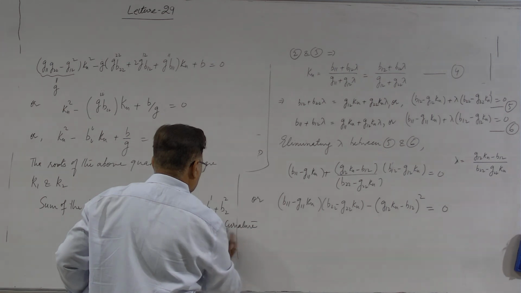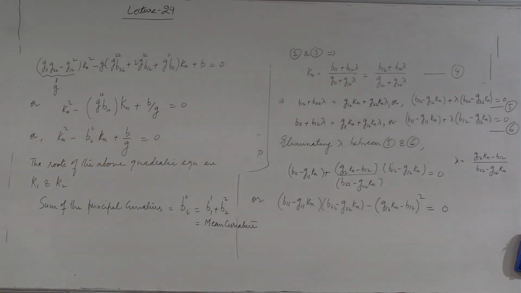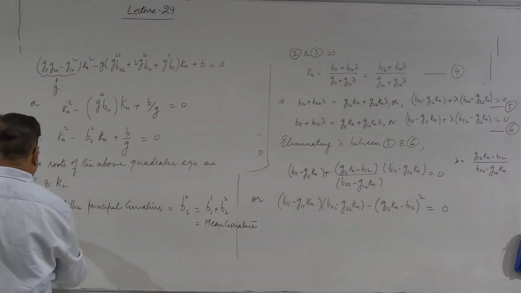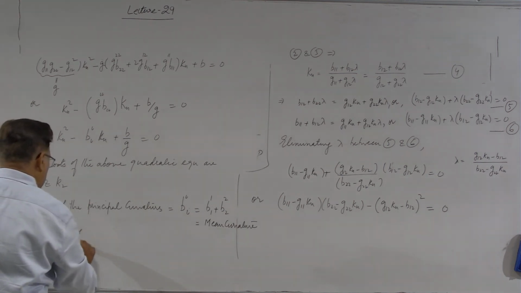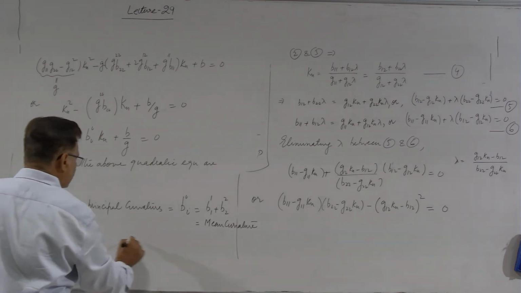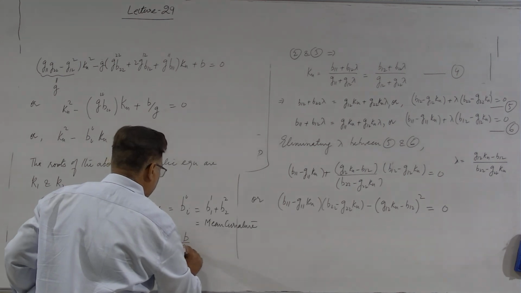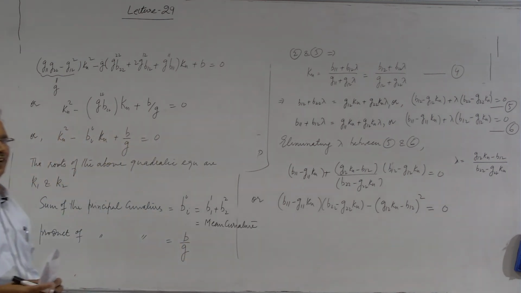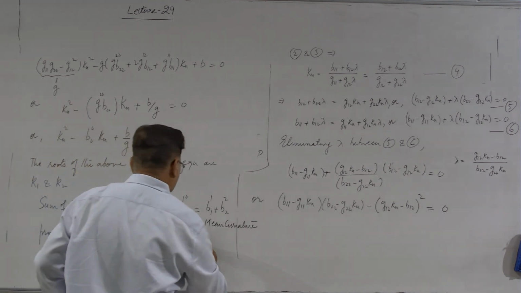So the sum of the principal curvatures is called the mean curvature, and the product of the roots, the product of principal curvatures, is equal to B by G. This is a known fellow; we already know it is the Gaussian curvature.